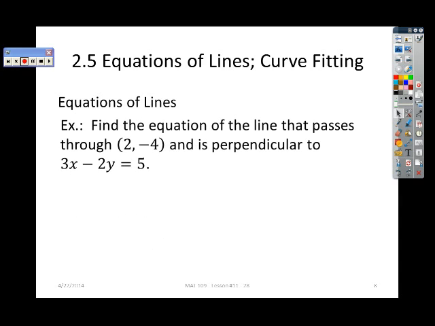So here the same point and the same equation. We want the equation of the line perpendicular now, not parallel, we want it perpendicular. So how do we go about that?